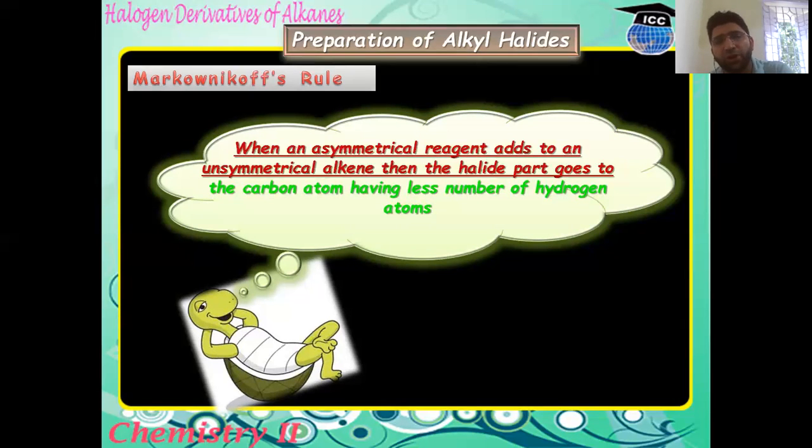That will be the major product and the other will be the minor product. This is called Markovnikov's rule.